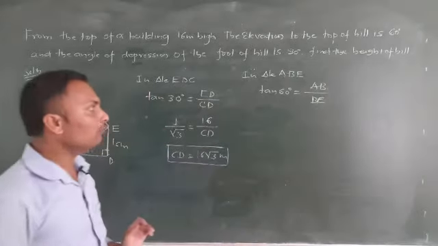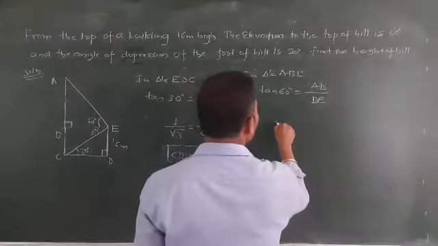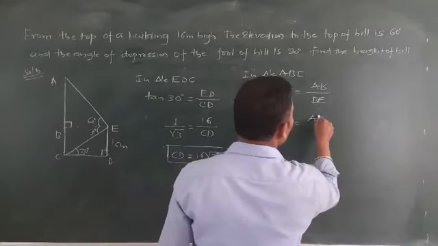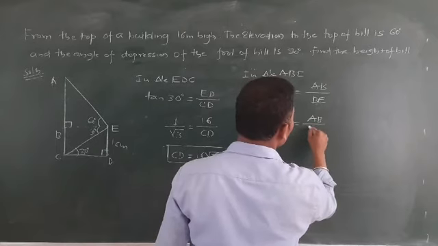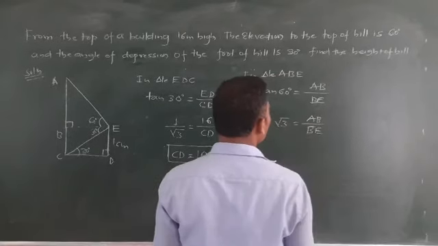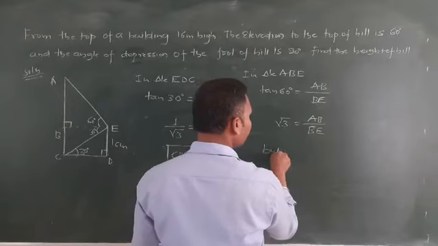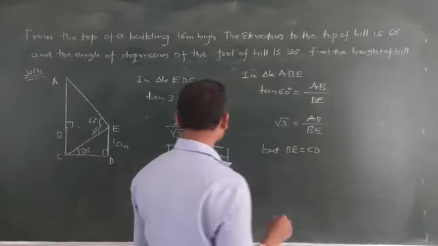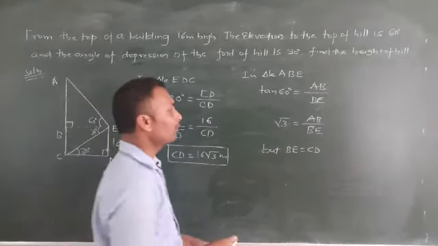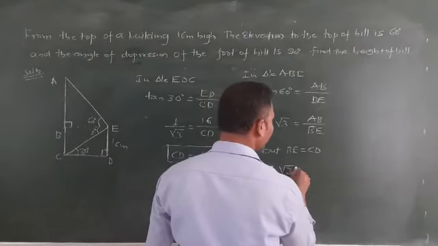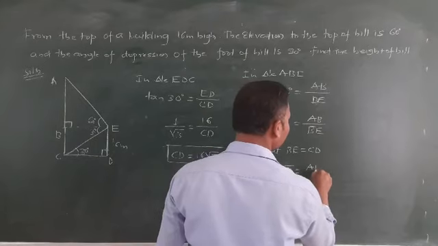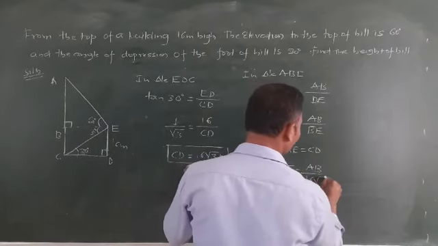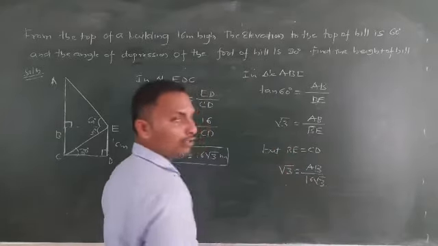So now just you can see here tan of 60, we know it very well, it is root of 3. AB you can keep as it is, and BE. But we can say here BE is equal to CD. What is the value of CD? 16 root of 3. Now this root 3 is equal to AB by CD, it is 16 root of 3. Now again cross multiply.